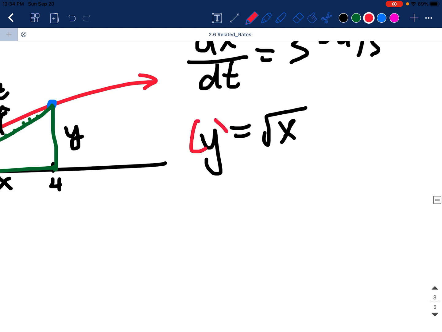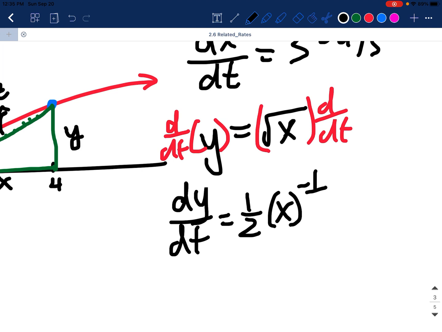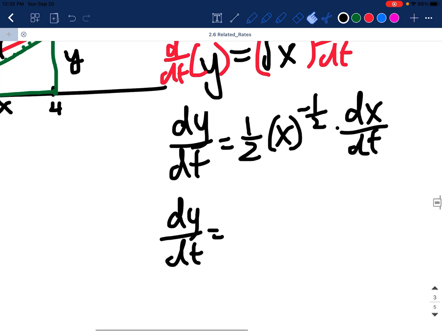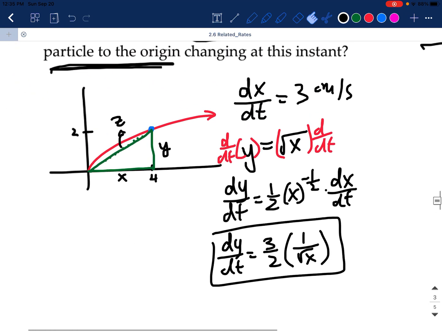So if I differentiate this equation with respect to time, we'll get dy/dt is equal to 1/2 x to the negative 1/2 times dx/dt, which is going to give us dy/dt equals, so dx/dt was equal to 3, 3 over 2 times 1 over rad x. Okay, so we can use that later.